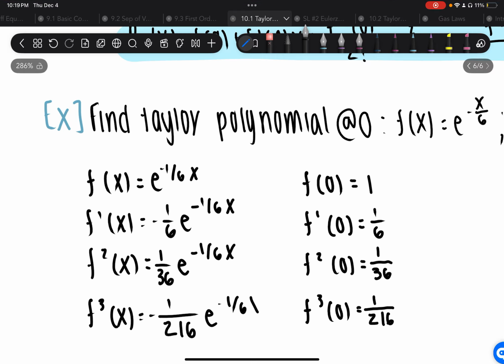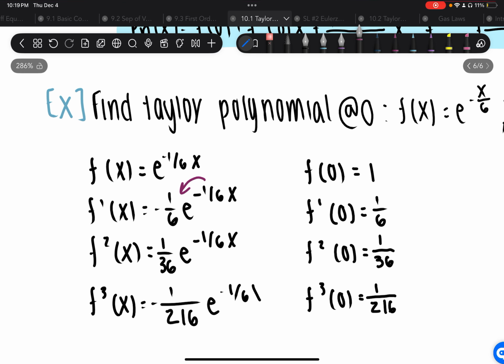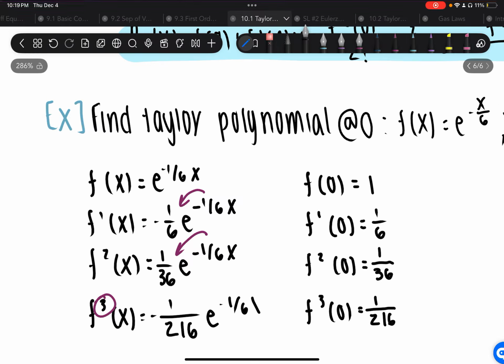I separate the x from the fraction just to make it a little bit easier for me. Now using our power rule, the negative 1/6 gets brought out, and again, negative 1/6 getting brought out, and we do that until we have our f of 3, our third derivative. So that is step number 1, finding your derivatives.